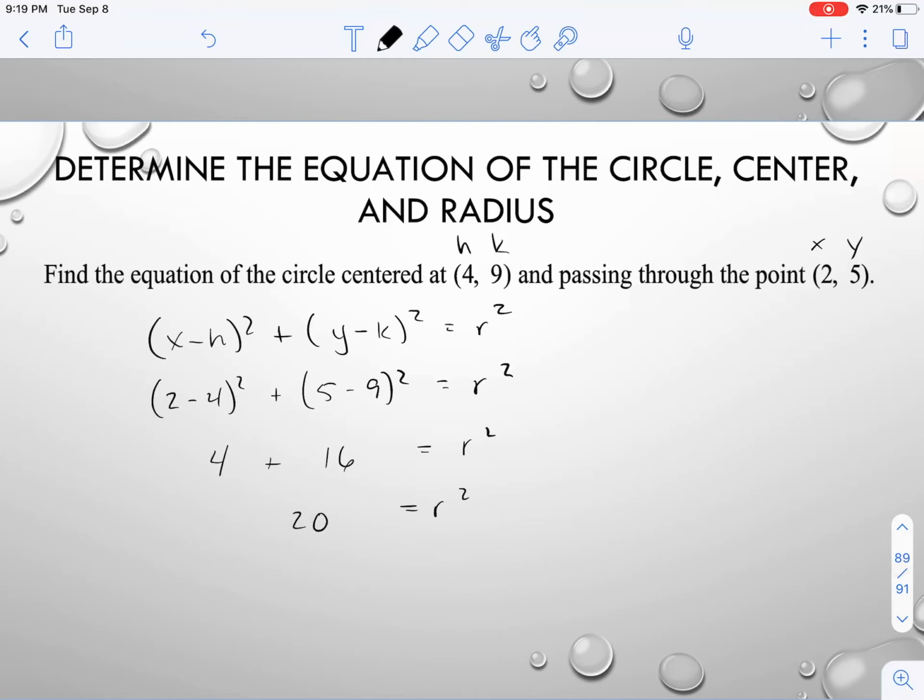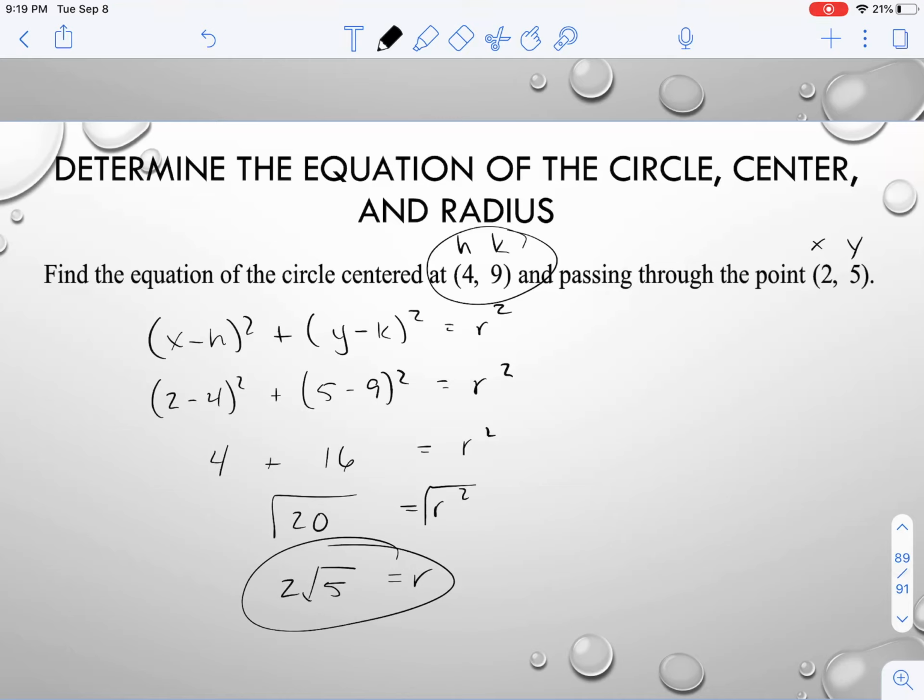If I take the square root of both sides, the square root of 20 breaks down into 4 times 5, so I'm going to have 2 square roots of 5 equals r. So now I know my radius, it's 2 square roots of 5, and I know my center, 4, 9.